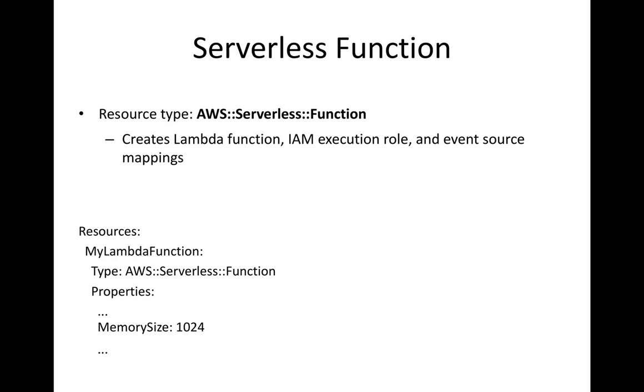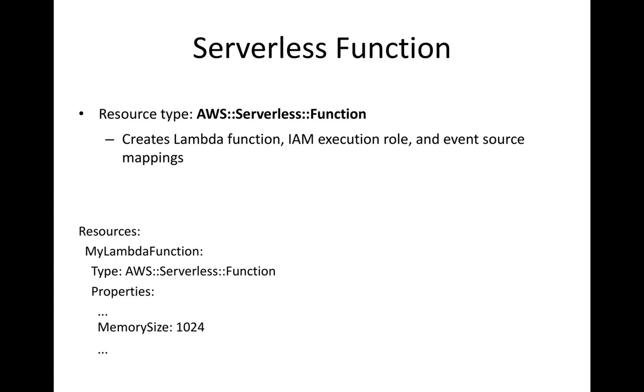We also have a couple new resource types, and I'll just cover a few of them here in this video. There's a new AWS serverless function resource type, and this allows you to create Lambda functions, specify the Lambda function execution role, and set up all of the event source mappings for the Lambda function. Now you could do all of these things using the traditional CloudFormation resources.